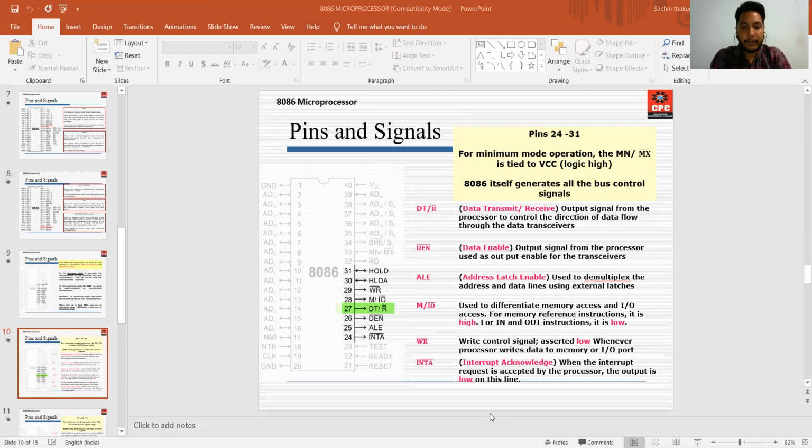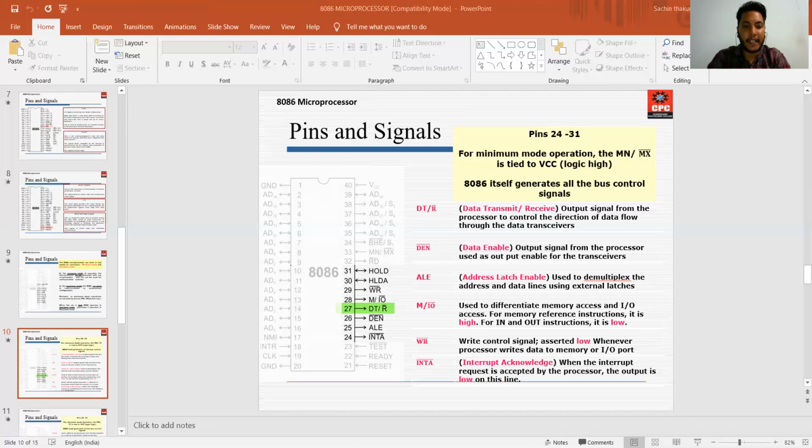Now next pin is your ALE, pin number 25. ALE stands for address latch enable. This pin separates the address and the data bus. As I told you earlier, the address and data bus are multiplexed. If we want to separate the address and data bus, we can do so by using the ALE signal.